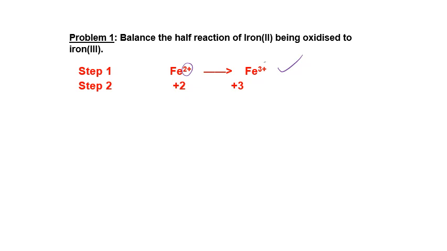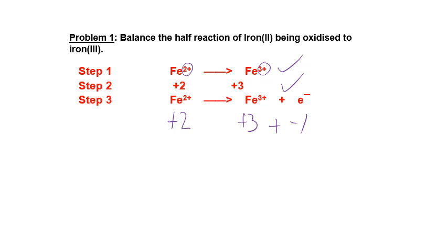Iron 3+ has an oxidation number of +3. And then we balance out the charge on both sides. This side is +2, this side is +3, so we need to have 1 electron on this side in order for it to balance out. And there we go. We've balanced both sides of the equation. That is the balanced half reaction for iron 2+ going to iron 3+.